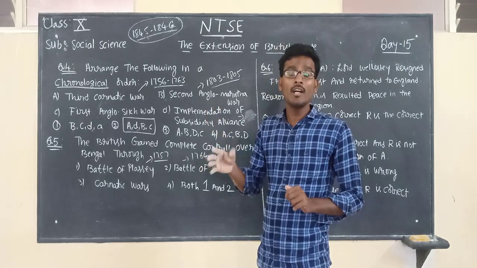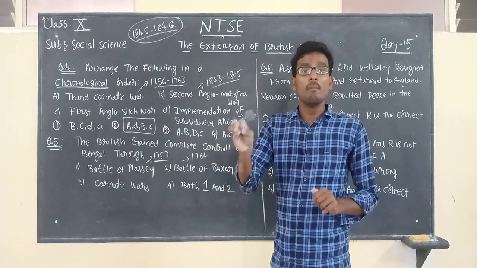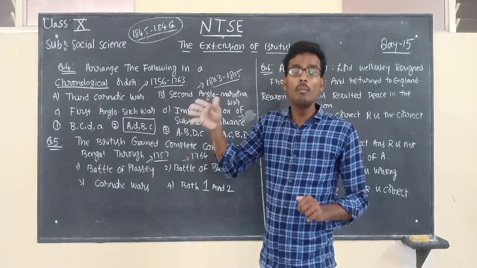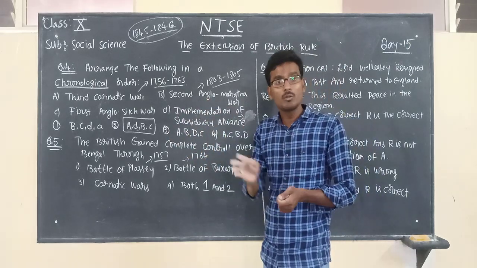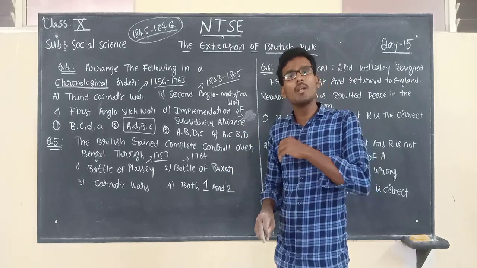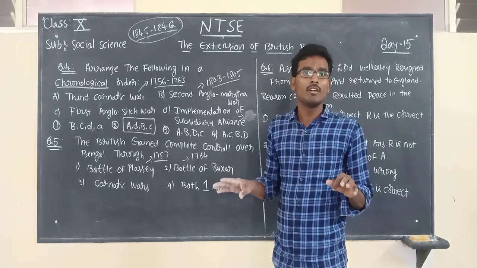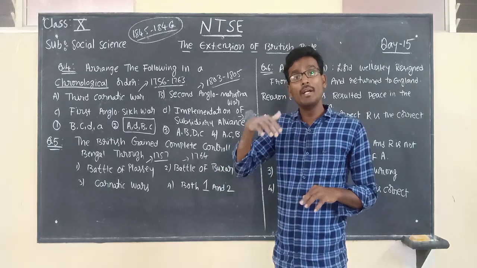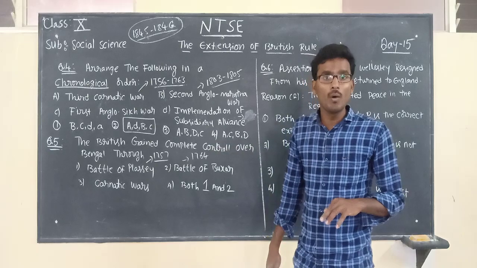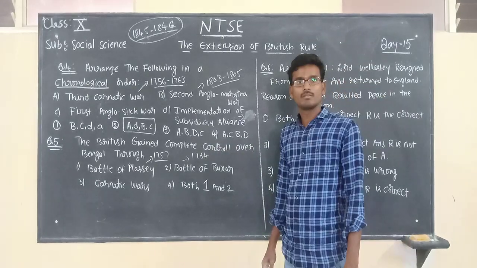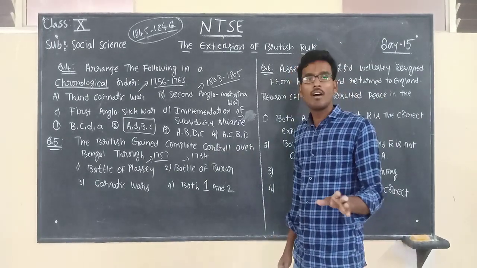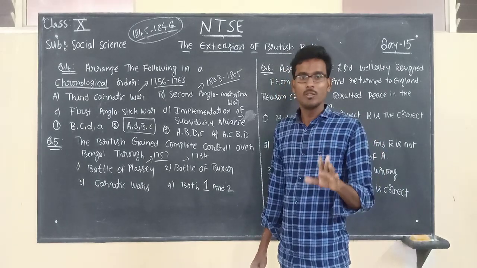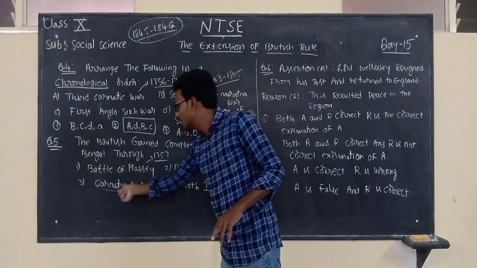It is mentioned that through the Carnatic Wars, the Britishers made other Europeans unable to challenge them. That means through the Carnatic Wars, the British removed all the competition from India. So now Carnatic Wars, you can read it.